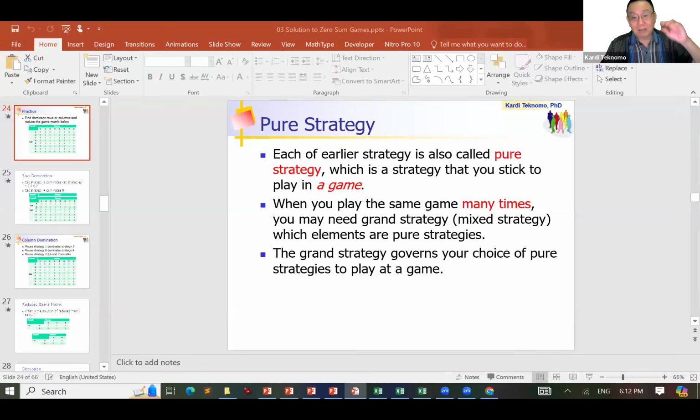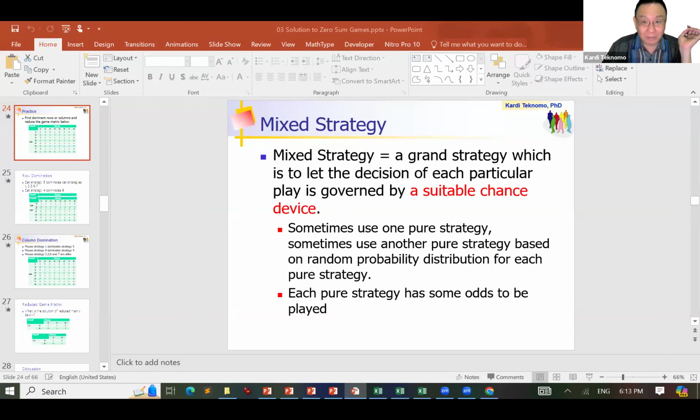The elements of a mixed strategy are pure strategies, but now you have a certain probability for each. So what is a mixed strategy? It's a grand strategy which lets the decision for each particular play be governed by chance and by probability. In that case, you can find the ratio to be played for each strategy.